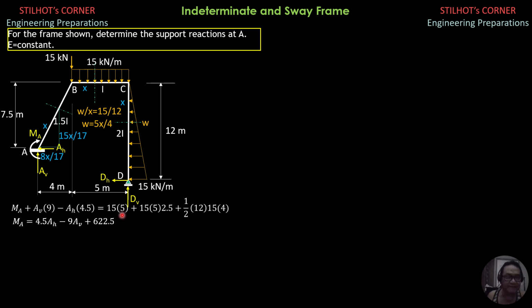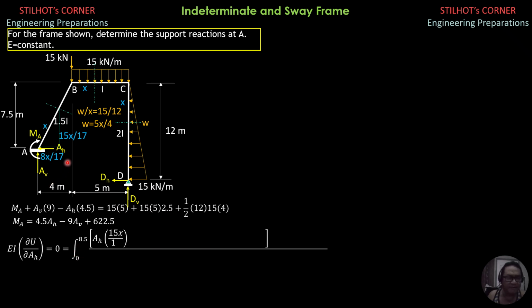So we have to set up the first equation, partial of U with respect to the first redundant, which is AH, equals 0. So that is EI partial of U with respect to AH equals 0 equals integral 0 to 8.5 of AH times 15x over 17 plus AV times 8x over 17 plus MA, which is equal to this. You just copy.